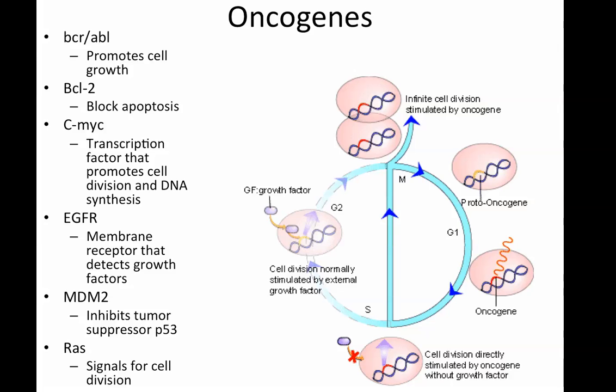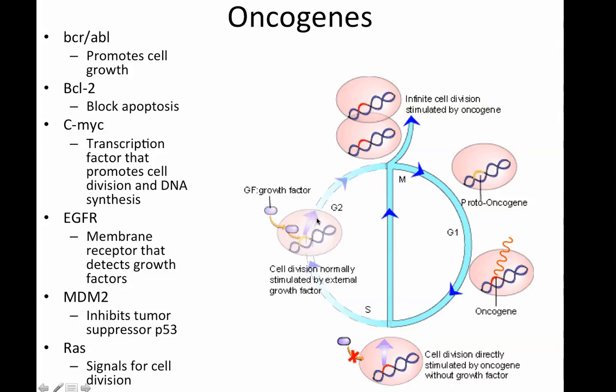So to look at this more specifically, here we have an example of how oncogenes work. If we look over here, this is a normal cell. Normal cells, to divide, have to get input from surrounding cells, or they get input from cells at distant areas. So cell division starts with growth factors that bind to membrane receptors.